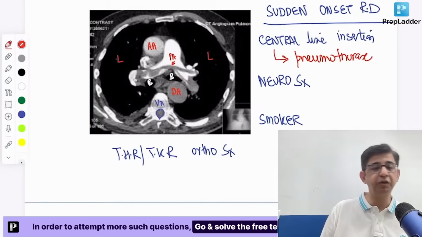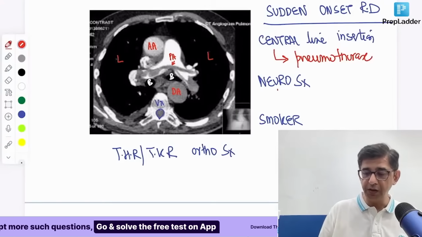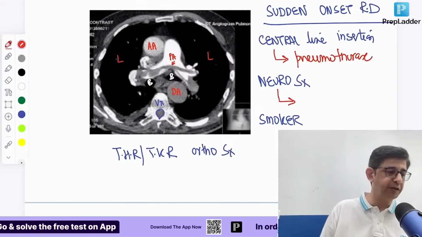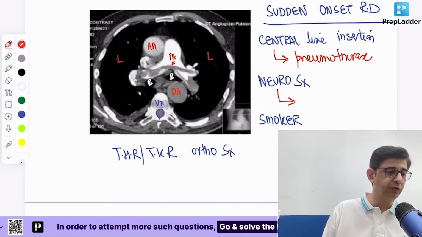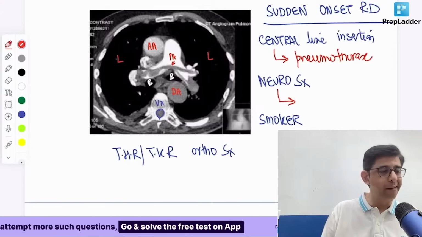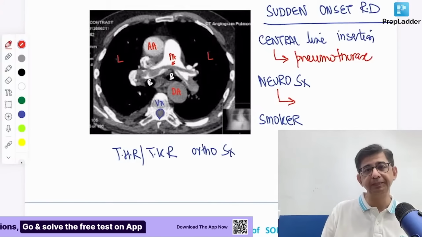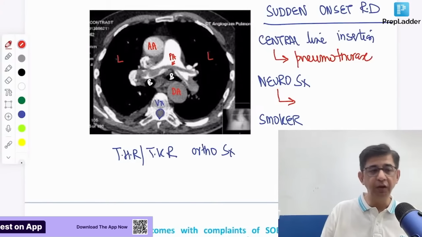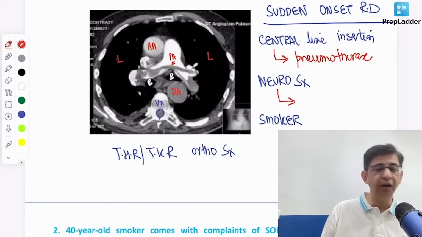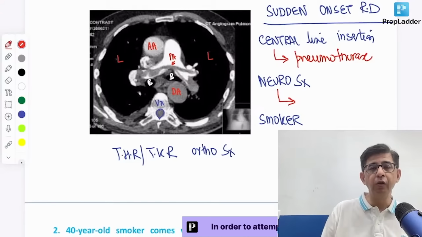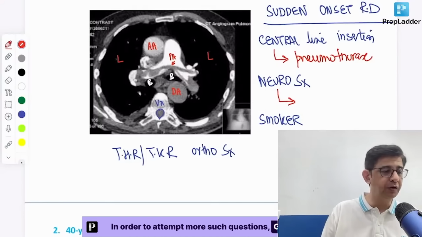If I change this question to what is the number one cause of sudden onset respiratory distress in neurosurgery? Neurosurgery, and then there is sudden onset respiratory distress. Quick answers, please, guys. In neurosurgery, what would be one of the leading reasons why this is happening?